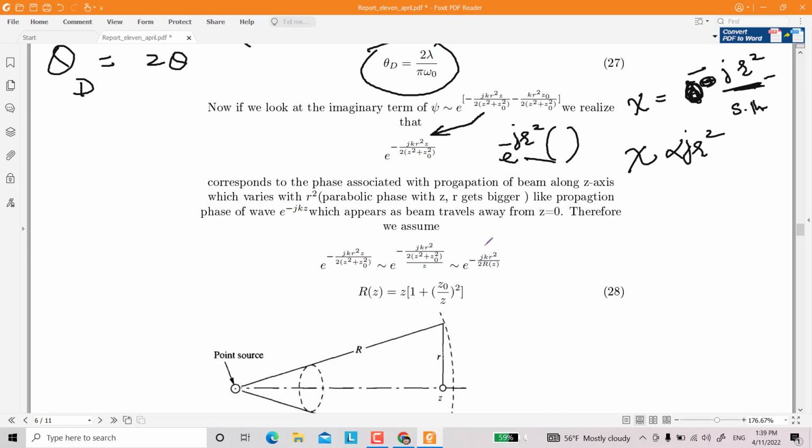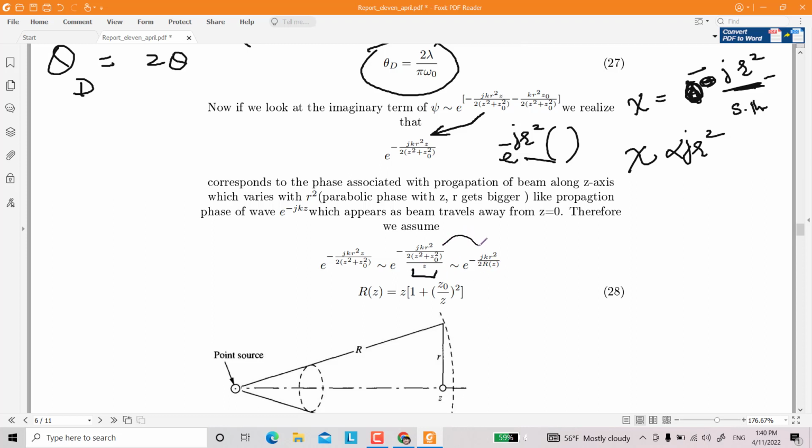So in order to simplify this thing, we assume that the denominator, so there was a z in the numerator, so we bring that z in the denominator of the denominator and call this term R of z.